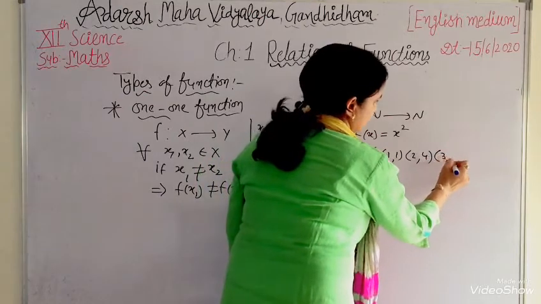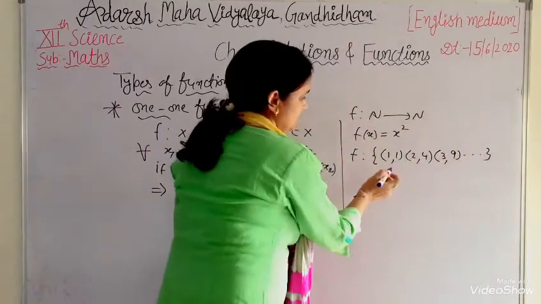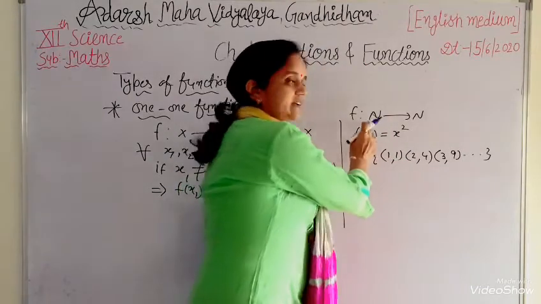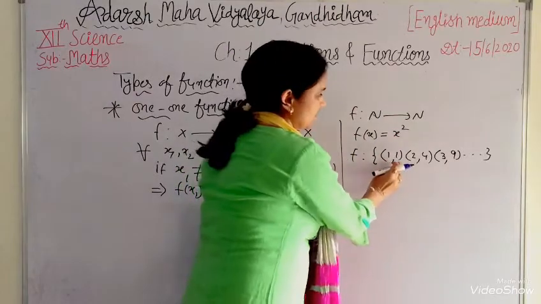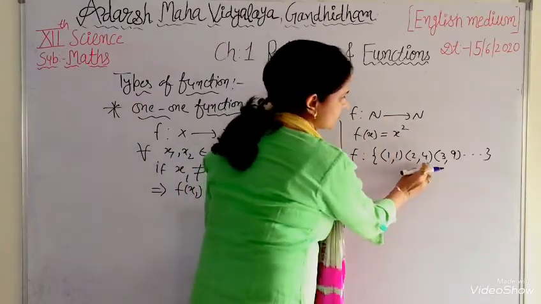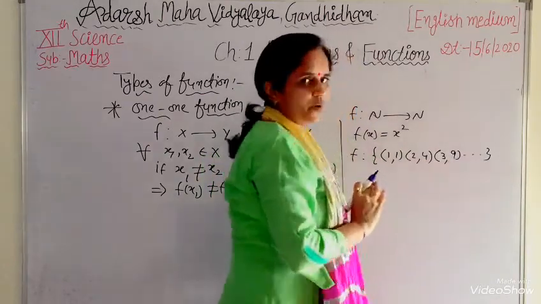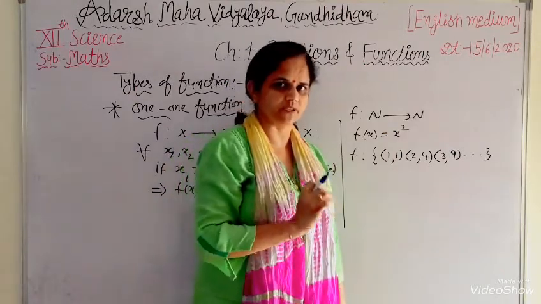If I am taking 3, image is 9 and so on. See, 1, 2, 3, distinct elements of set N, have distinct images. Image of 1 is 1, image of 2 is 4, image of 3 is 9 and so on. So, this type of function is known as, student, one-one function.